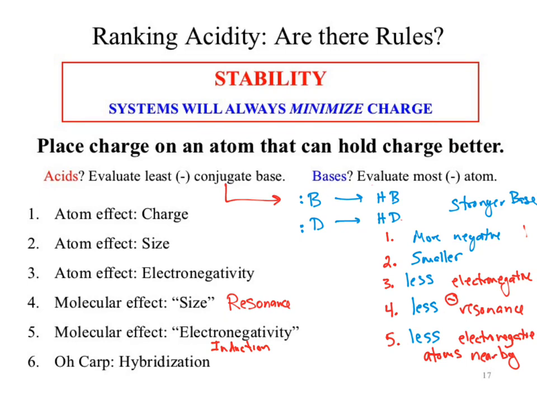For those of you hoping we don't have to cover these rules ever again, for virtually every reaction, I will ask you, how do we compare the reactivities of things? And it will start with: what is the most acidic? Charge. And then it will move to size, electronegativity, resonance, induction.